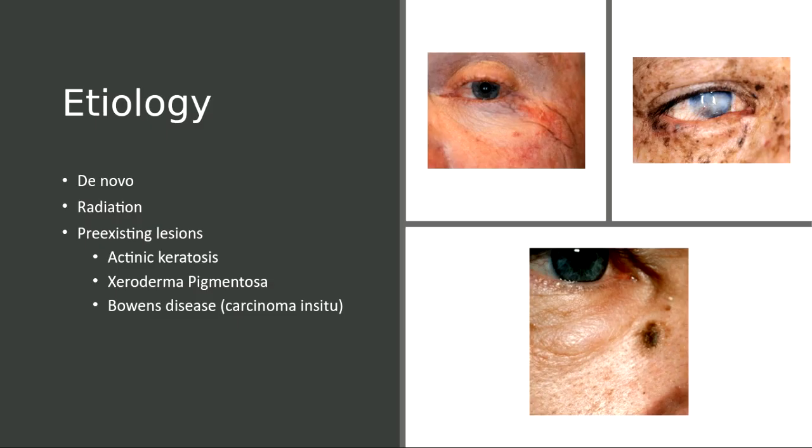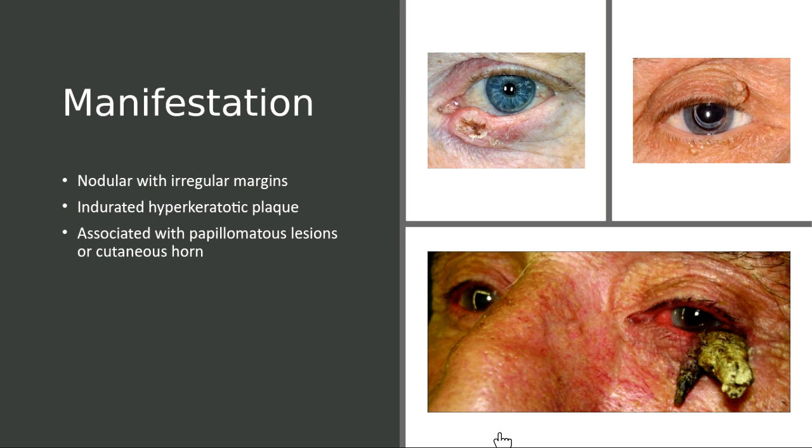Whereas the plaques, the papillomatous lesion, the cutaneous horns, if you see this, squamous cell carcinoma would be your first differential. But as I said, even in the best cases of persons who deal with this every day, they still have to rely on histology. All right.